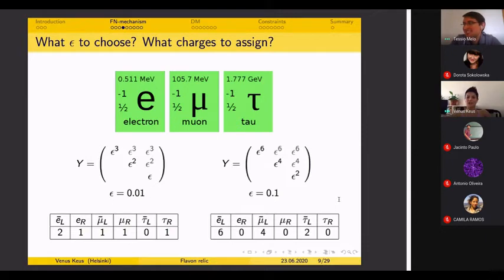But the idea is that, yes, you try to fix the big scale differences, like 3 orders of magnitude difference between the mass of the electron and the tau, by fixing the powers of the epsilon.